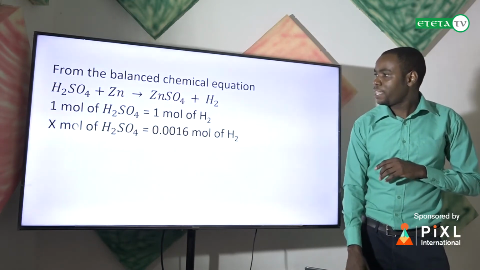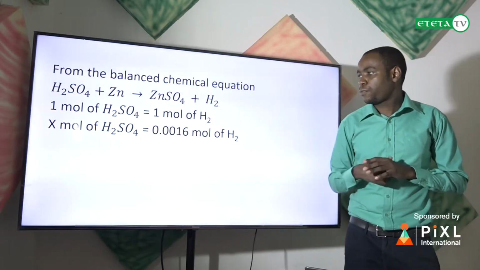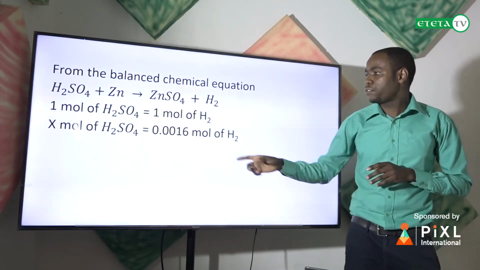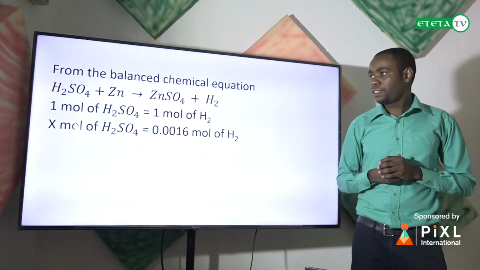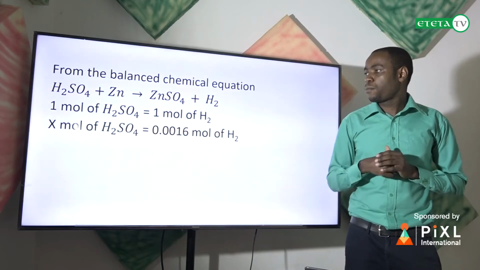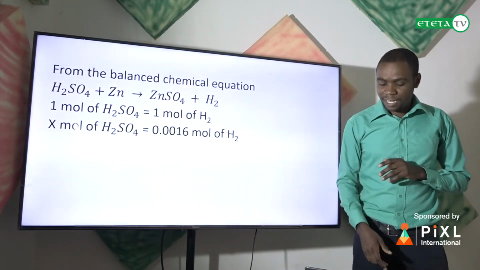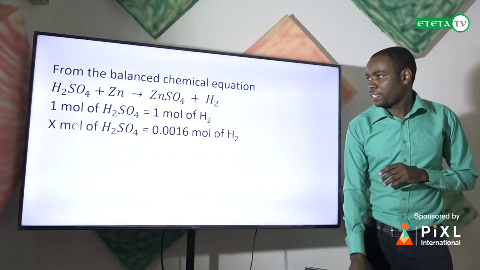So 1 mole of sulfuric acid is equivalent to 1 mole of hydrogen gas. Now, what is required is the number of moles of sulfuric acid, given that you have 0.0016 mole of hydrogen gas. Now, to calculate the number of moles of sulfuric acid, we use cross multiplication.